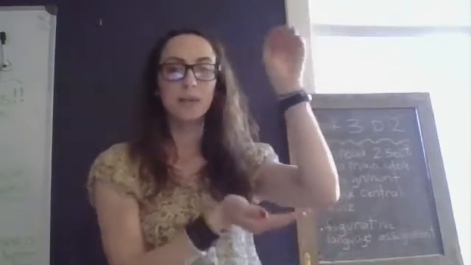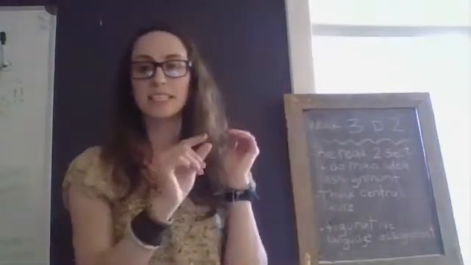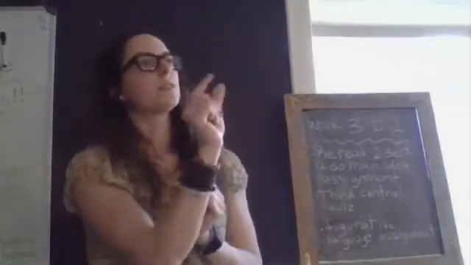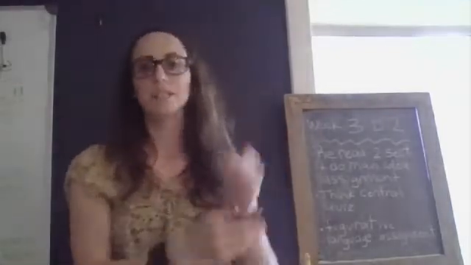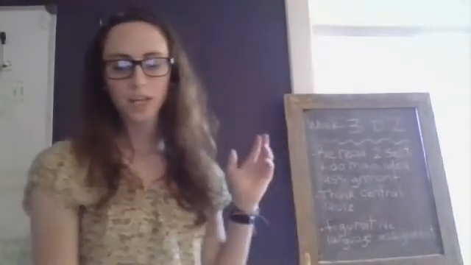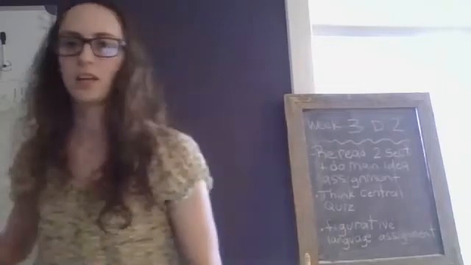That whole section would be about biscuits and gravy. There's my main idea. And then I would have all these details. To make biscuits and gravy, you need sausage of some kind. You also need some milk and some flour, and you need biscuits. Those could be details.